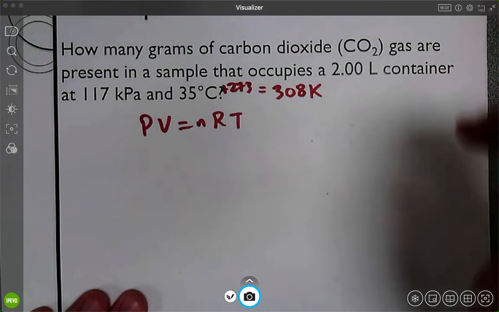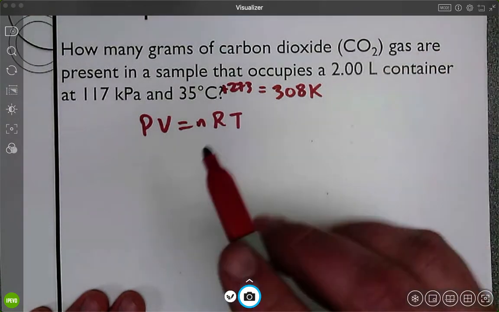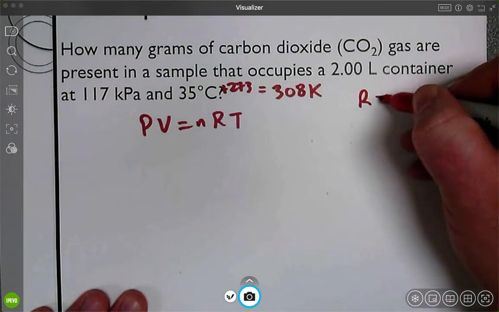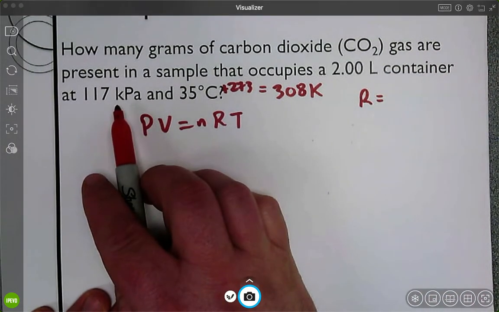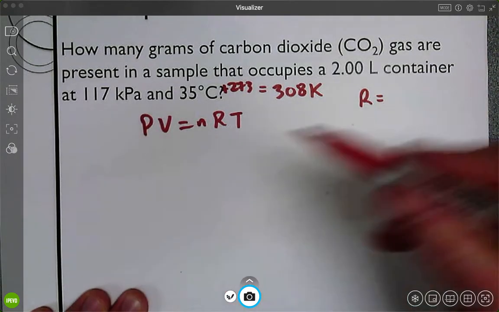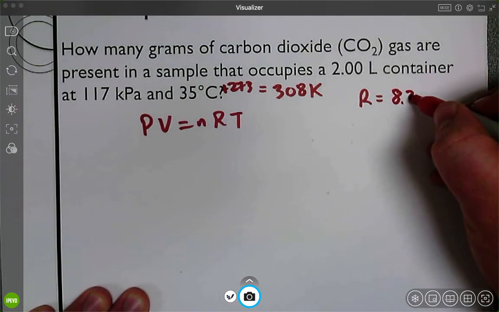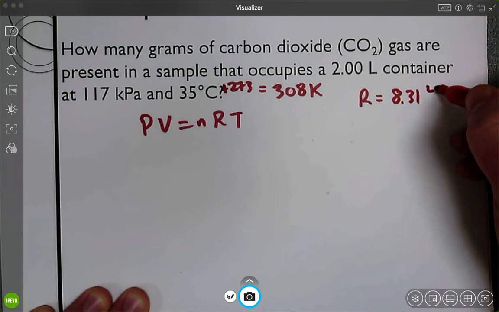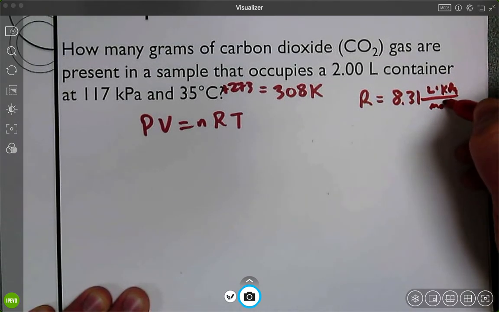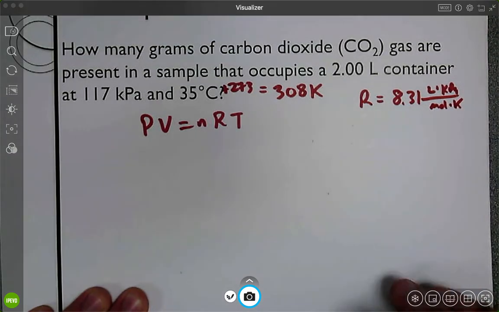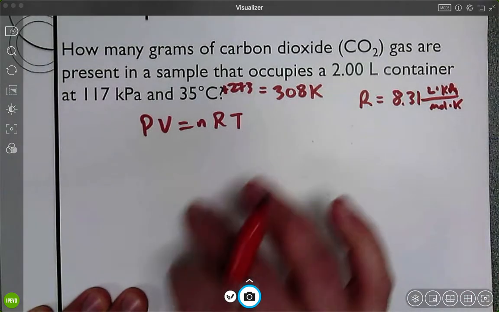So I've got my pressure, temperature, and volume. The R value that I want to use, since my pressure is in kilopascals, I'm going to use the 8.31 R value, liters kilopascals over moles Kelvin. So I'm going to start plugging numbers in.